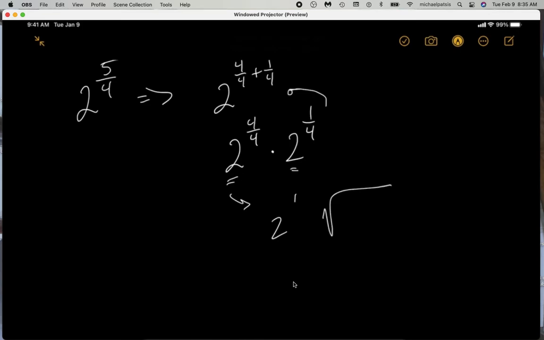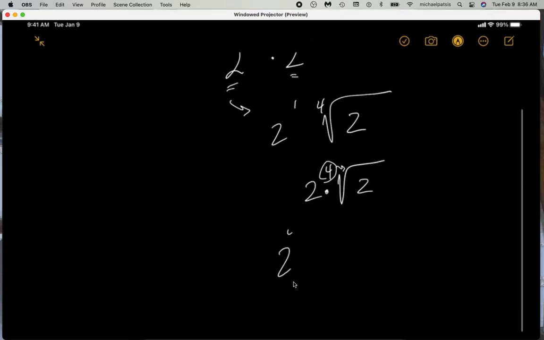This becomes the 4th root of 2, 2 times the 4th root of 2. And again, careful, this 4 goes with the root. This is not 2 to the 4th times the square root of 2. This is 2 times the 4th root of 2.